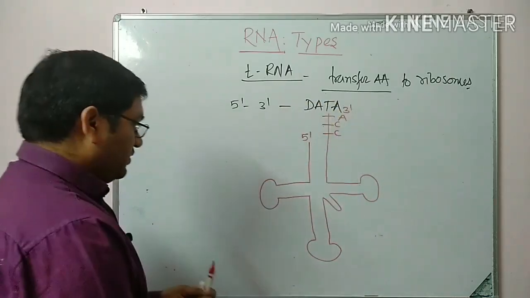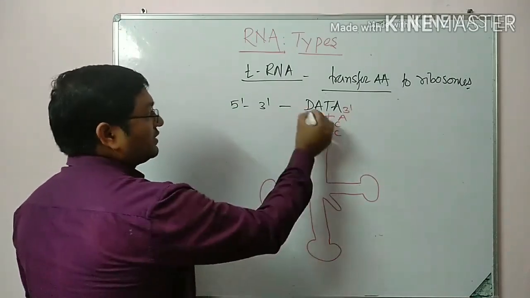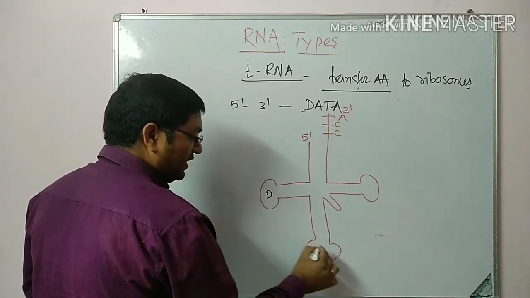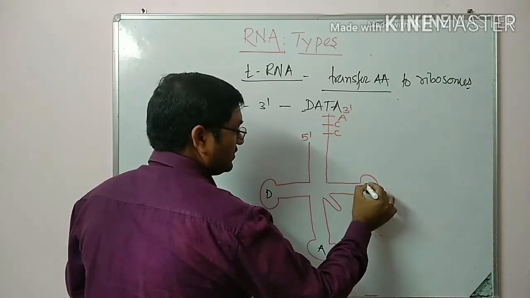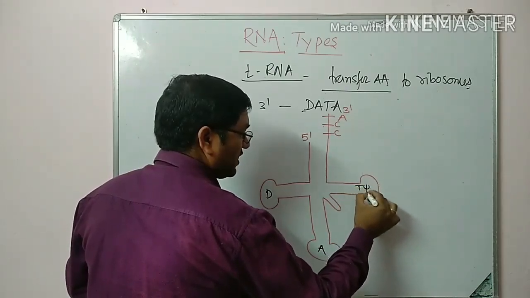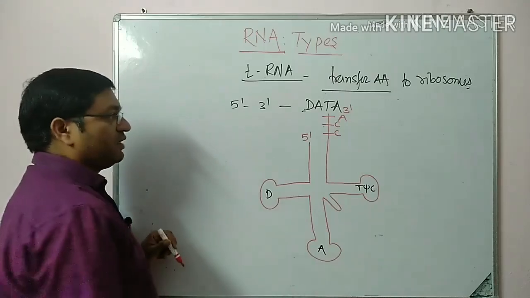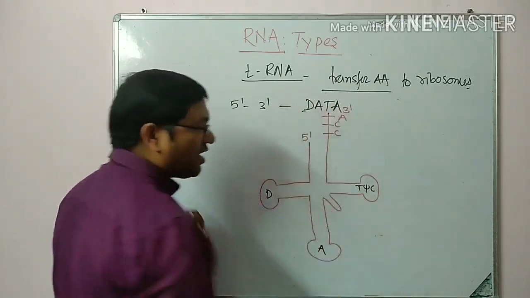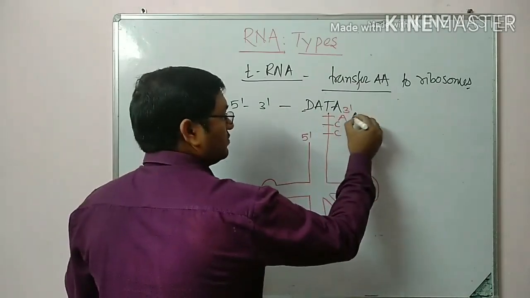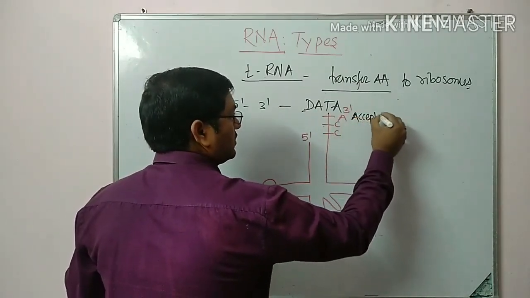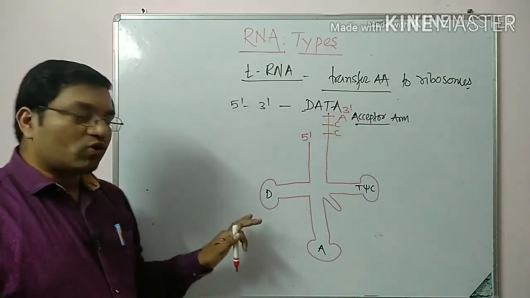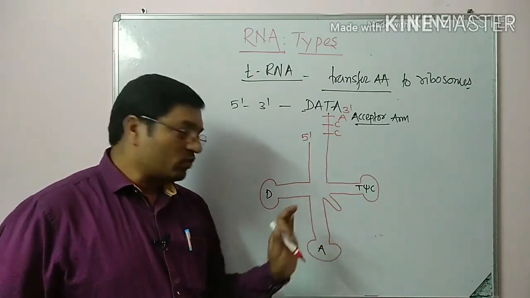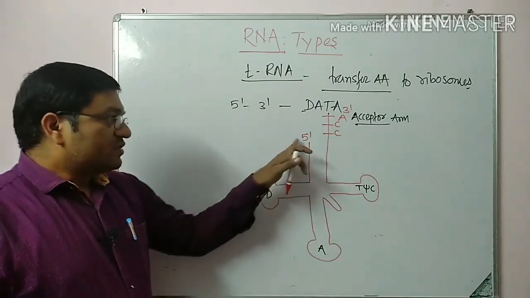Okay, this is DATA: D, anticodon, T psi C loop, and this is the acceptor arm. So these are the 4 important parts. This is a variable loop. Okay, this is the 5 prime end.